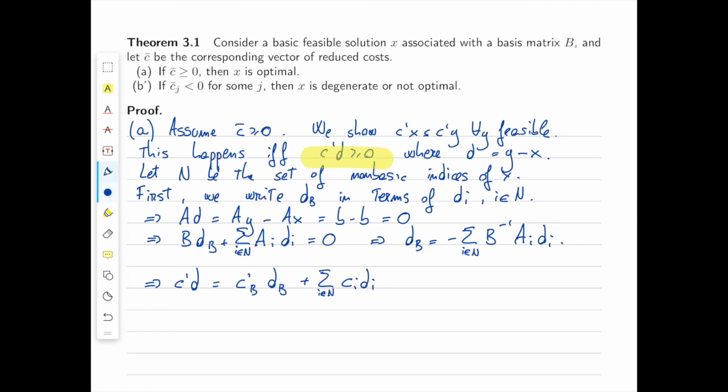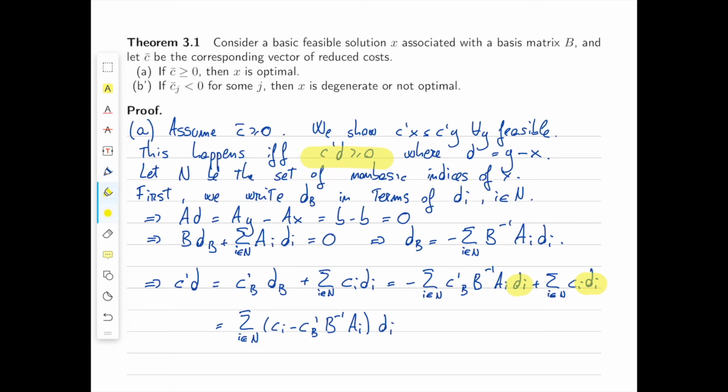We can now substitute d_B and obtain minus the sum for i in N of c_B transpose B inverse A_i d_i, plus the sum over i in N of c_i d_i, which remains unchanged. Now d_i appears in both sums, so we can write this as the sum for i in N of c_i minus c_B transpose B inverse A_i, times d_i.